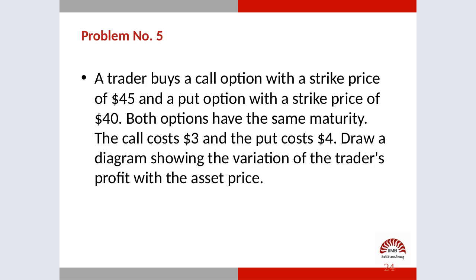So he has both a call and a put. He has paid, the costs are $3 and $4 respectively. The strike prices are there. So where does the spot price have to be for the trader to make a profit?